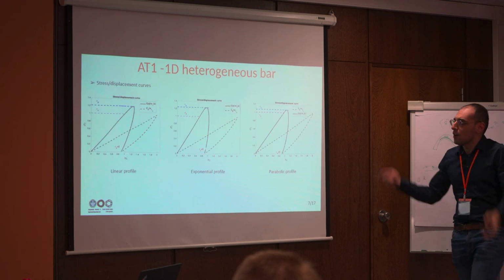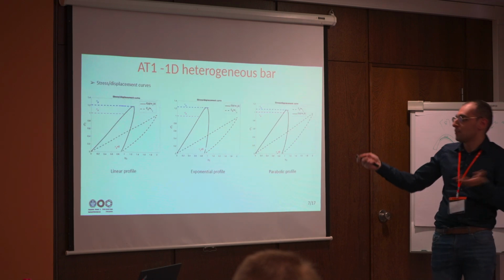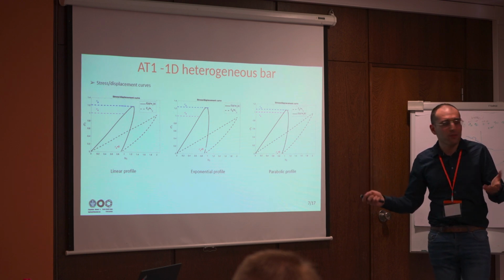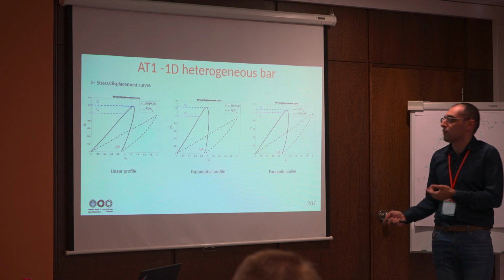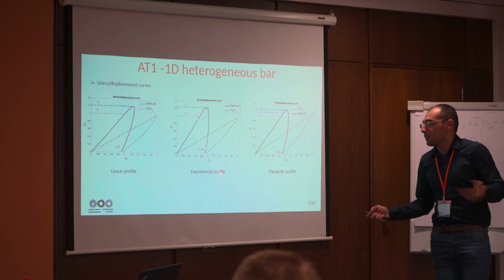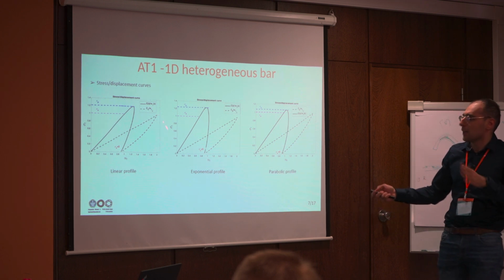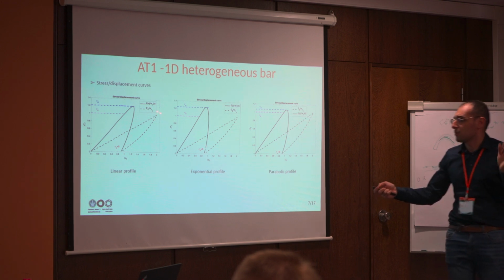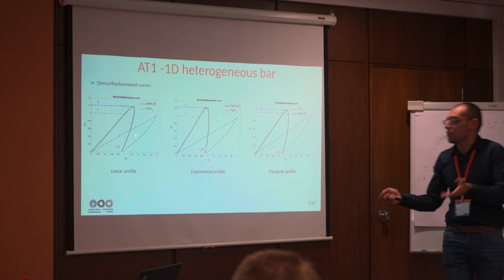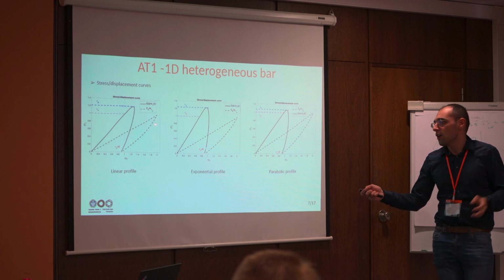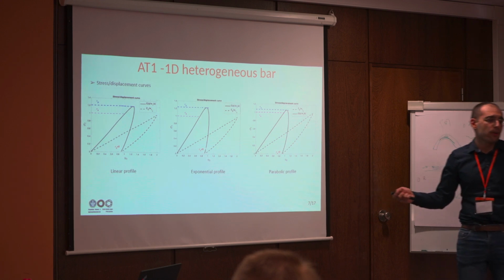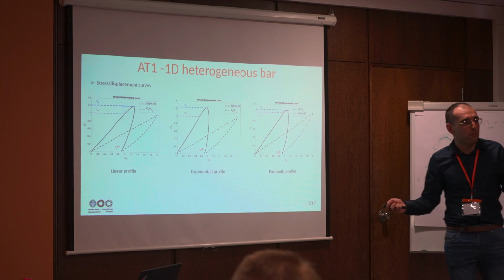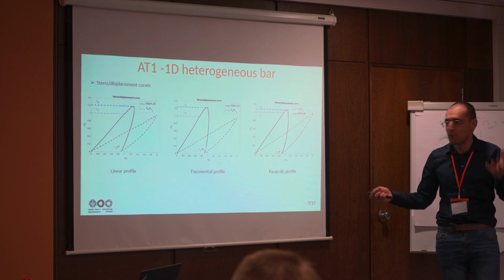And from that, we can infer the stress displacement curves of the three profiles: the linear, the exponential and the parabolic profile. The main interesting thing is that for the homogeneous case, which is in dotted line, we observe a lower peak stress than for the heterogeneous case, because we have lower E and Gc values around the middle of the bar.